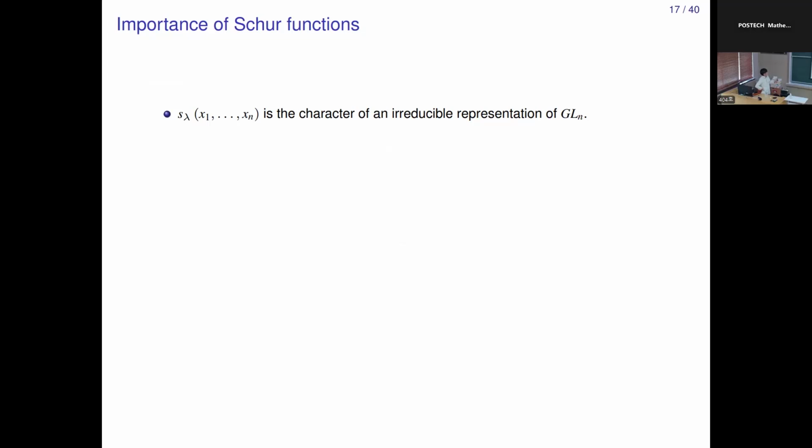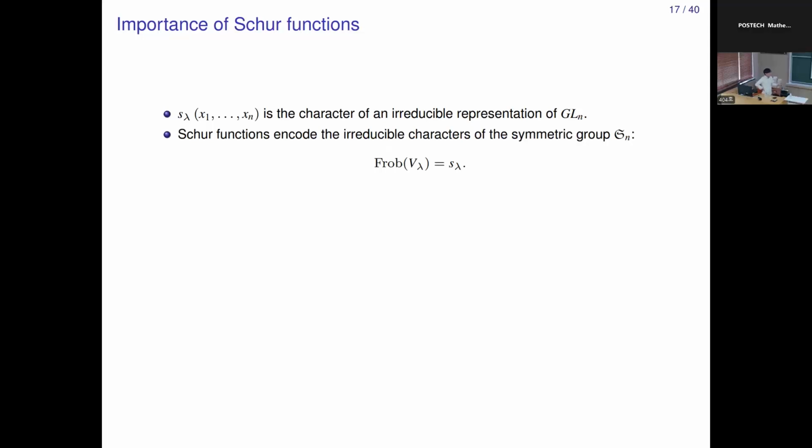First of all, this symmetric polynomial is the character of an irreducible representation of a general linear group. And Schur functions encode irreducible characters of the symmetric group as well.